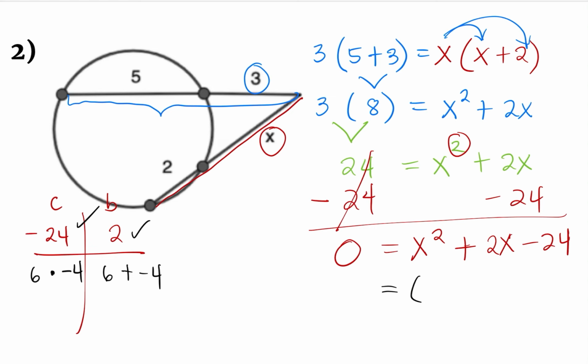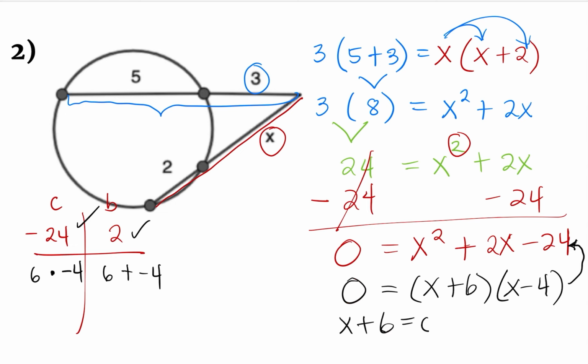So let's write it down. X plus 6 times x minus 4. Multiplying this, that should give us the original quadratic equation that we got. So isolating the x value, x plus 6 equals 0 and x minus 4 equals 0.